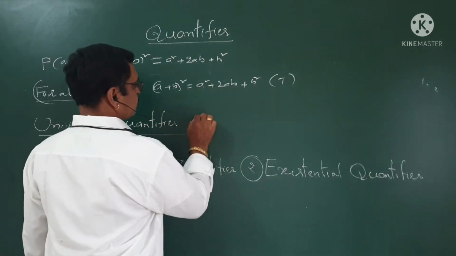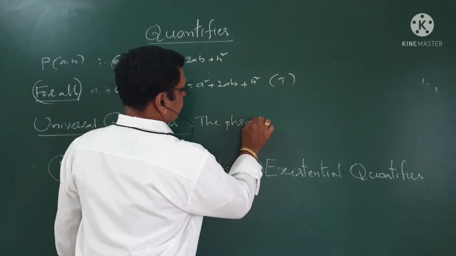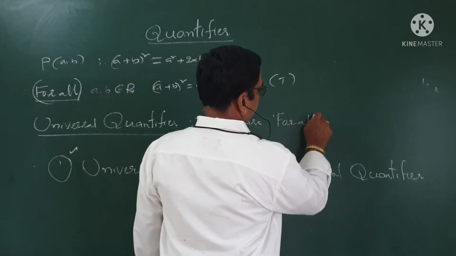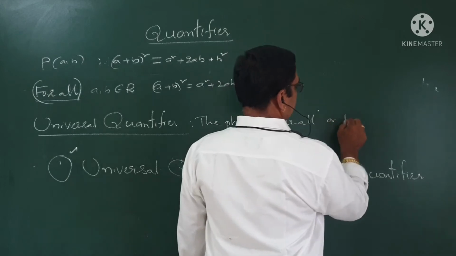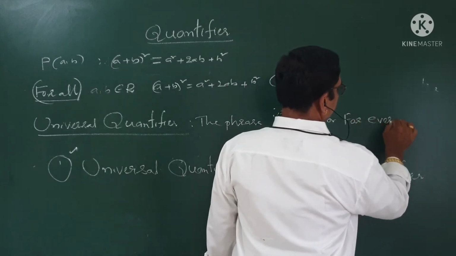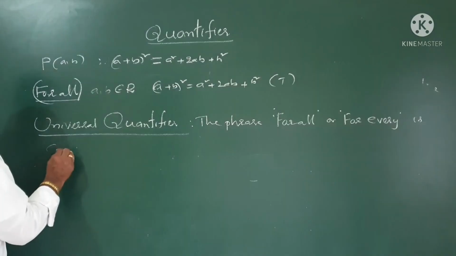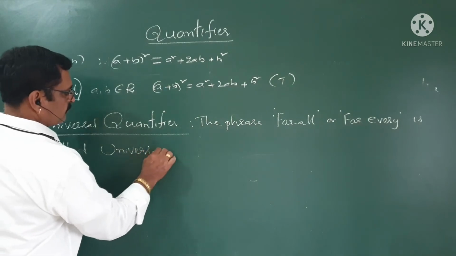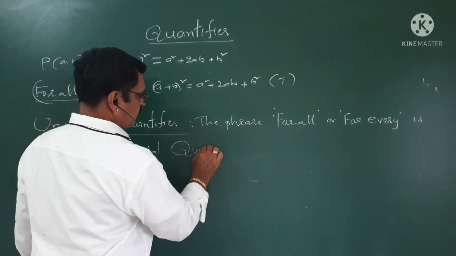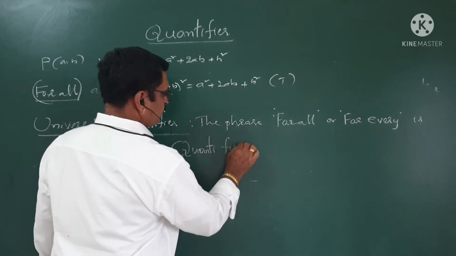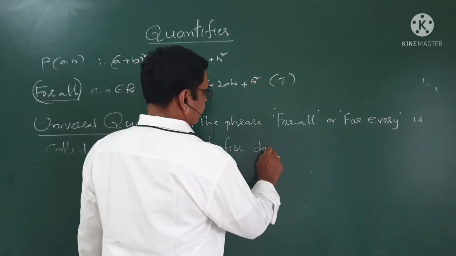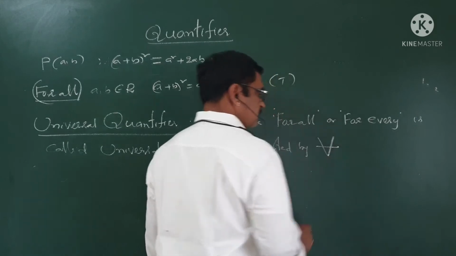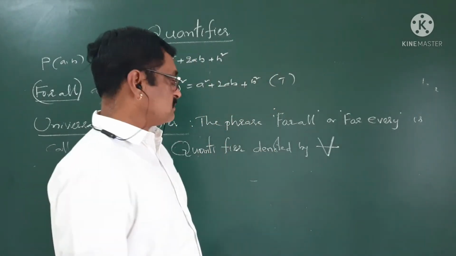The phrase for all or for every is called universal quantifier, and denoted by the symbol, just like A reversed, upside down.